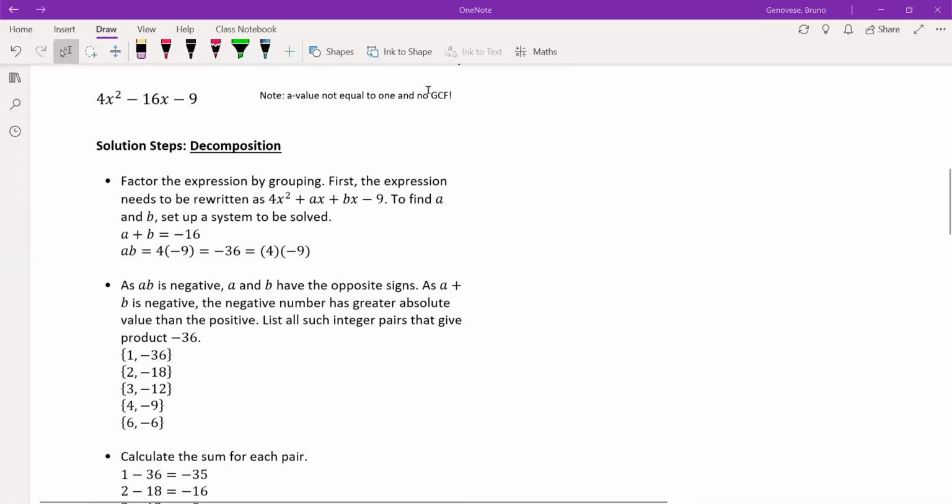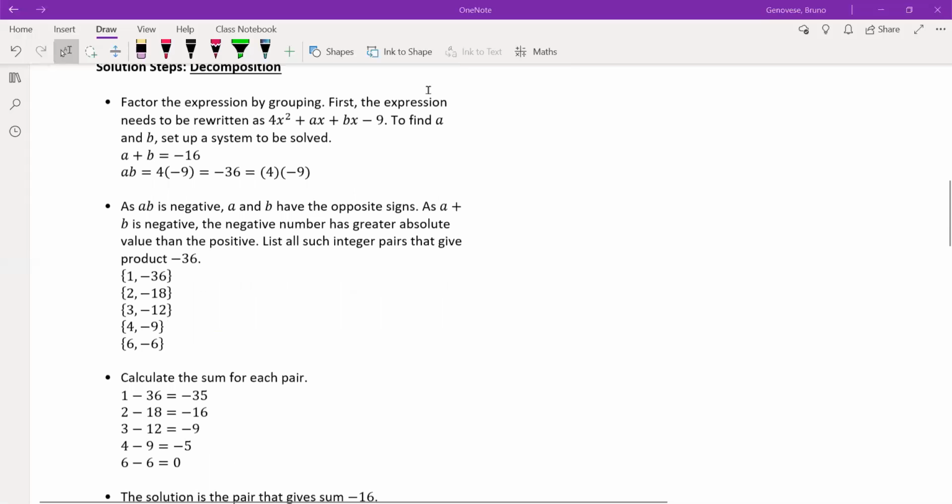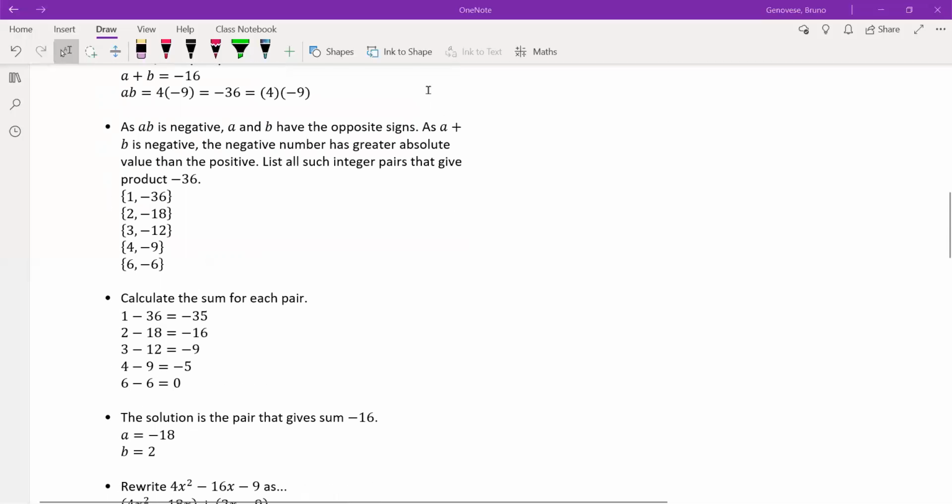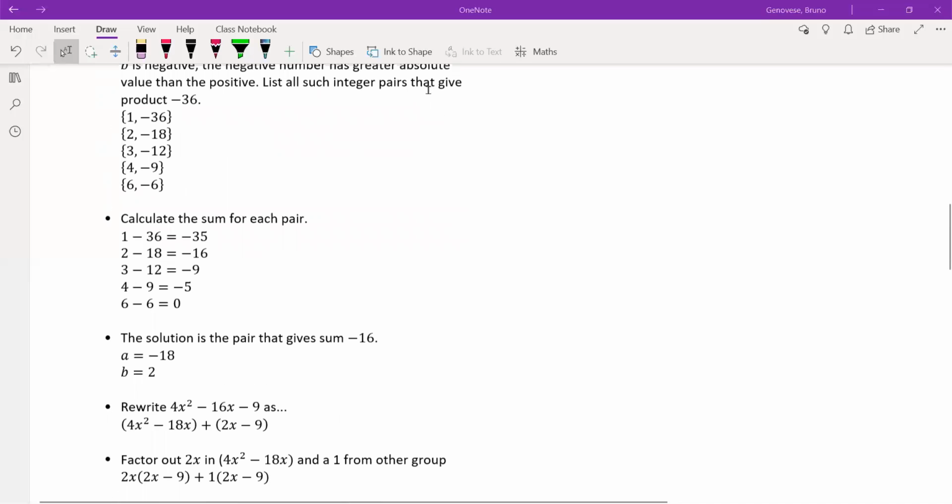Since the product is negative, A and B should probably have opposite signs. You can run through an entire list if you'd like. You've got a whole listing here, but you have to calculate some of these pairs that fit your requirements. These are the pairs of numbers that multiply to negative 36.